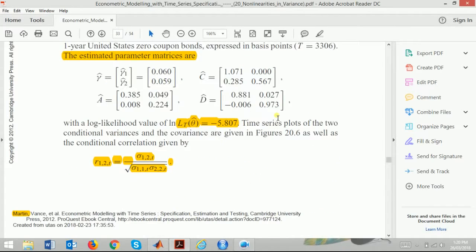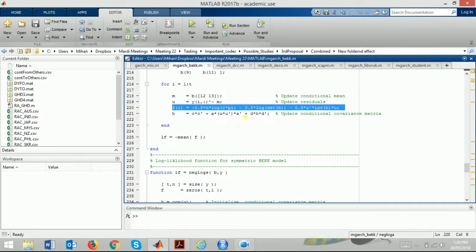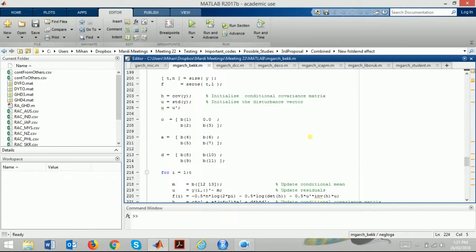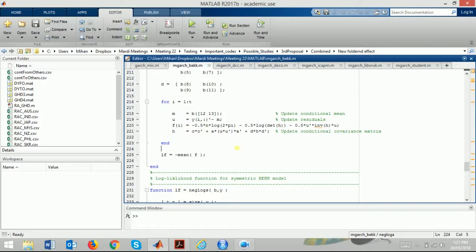No, we don't have the function mentioned in the exercise either, as far as we can recall. So let's just see: half log twice pi, half log sigma square, which is our covariance, and u inverse of H u, this is the variance covariance, right? So u transpose u squared divided by sigma square, a very simple function, the unconstrained function actually. And then comes the conditional covariance matrix, and that will be updated.